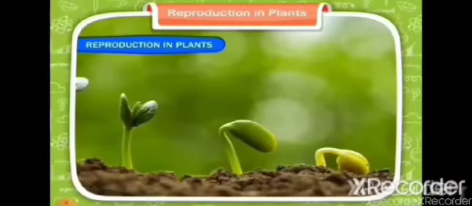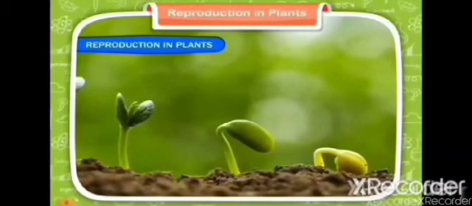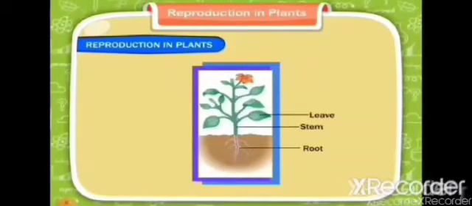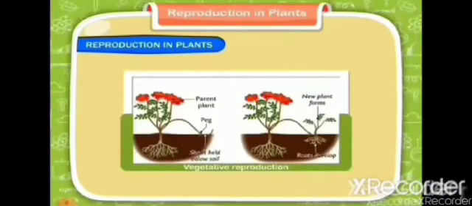They reproduce in many ways. Most of the plants grow from the seeds, whereas some plants reproduce with the help of leaves, stem and root. The process by which parts of plants grow into a new plant is called vegetative propagation or vegetative reproduction.